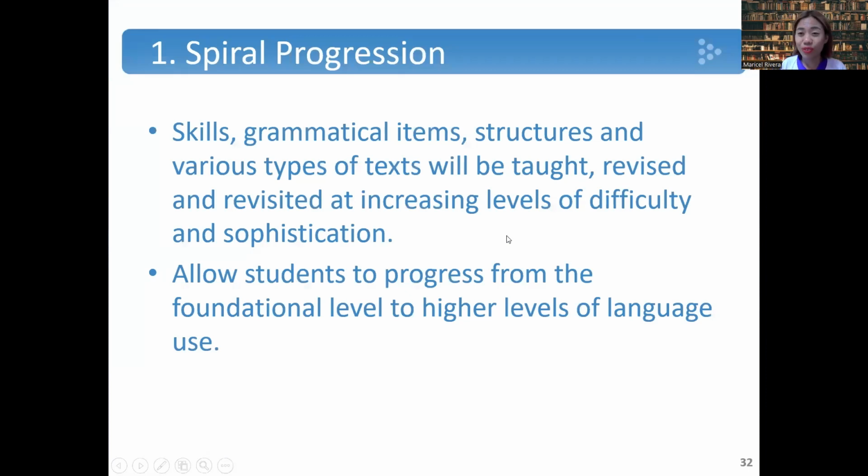Now, just to review, which I already discussed, skills, grammatical items, structures, and various types of text will be taught, revised, and revisited at increasing levels of difficulty and sophistication, and it allows students to progress from the foundational level to higher levels of language use. This is the idea of spiral progression.